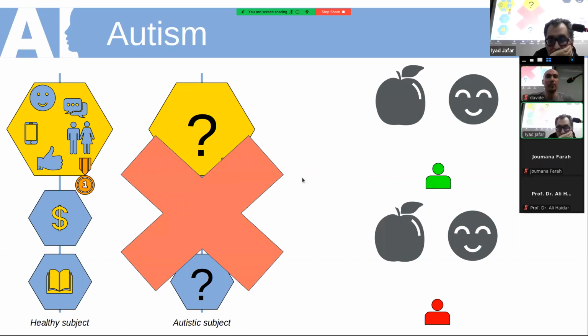So basically, the same test of paired images can be presented in this case: if on one side of the screen we present an inanimate object or a non-human living being, and on the other side, for example, an expressive face, so something that represents a social stimulus, a healthy subject will prefer the expressive face, and will focus their gaze most of the time on it, while a probably autistic patient will not prefer either of these images or will even prefer the inanimate object.